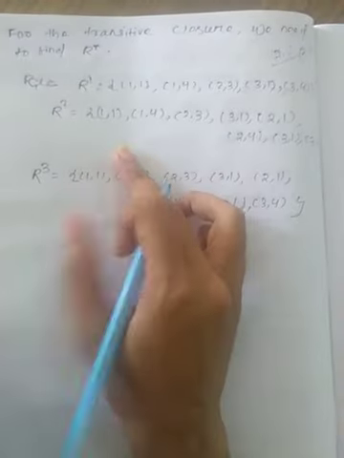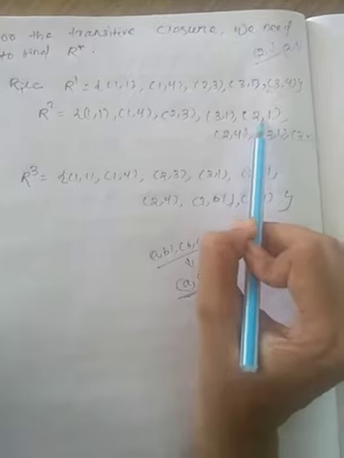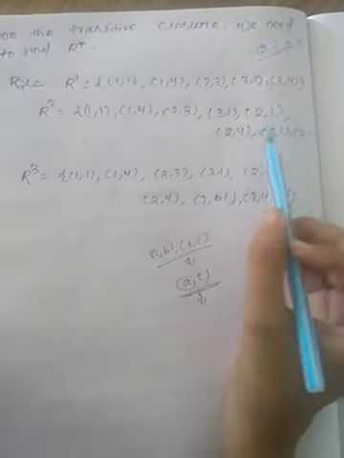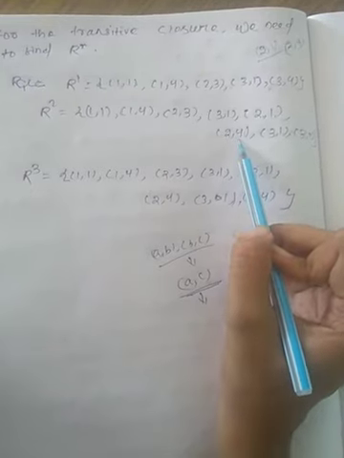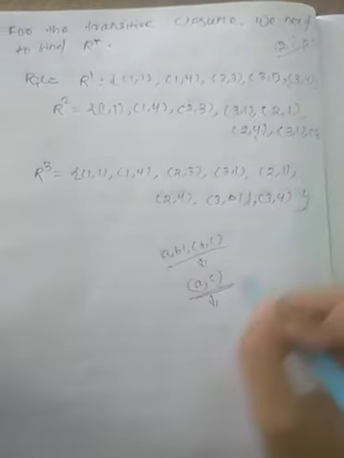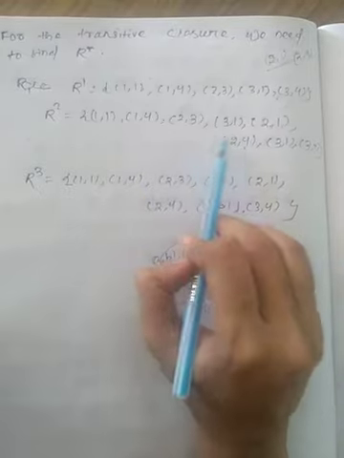Then in the next set, what I did, I put (2,1) and (2,4) in the same set. Okay, I added these ordered pairs. Next we have to check whether I get some more (a,b), (b,c) type ordered pairs in this set. So I am checking whether I got any like this.